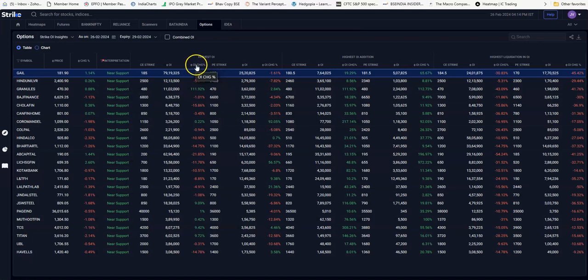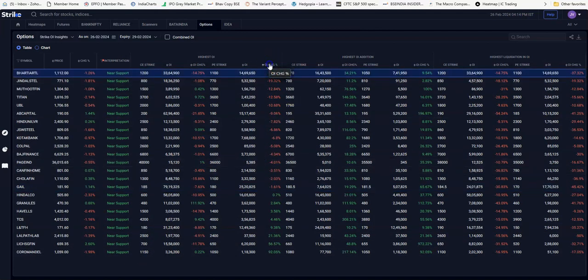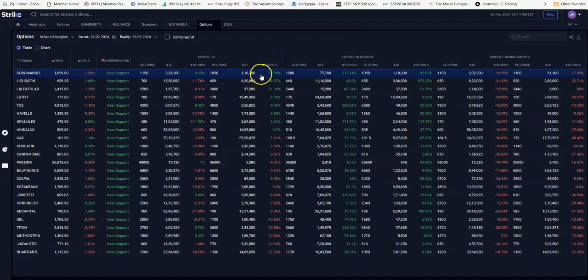Because I am trying to find a stock near support level, I sort by OI change and I see that Coromandel has a 92% OI change and is near the support level, which means the sellers of the 1050 put are very confident of defending this level. So this could potentially be an interesting idea which I might want to explore more.